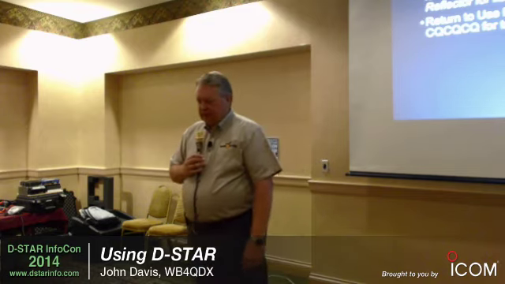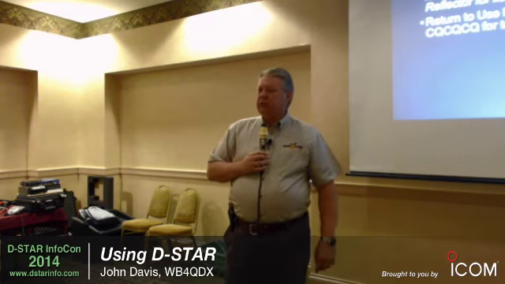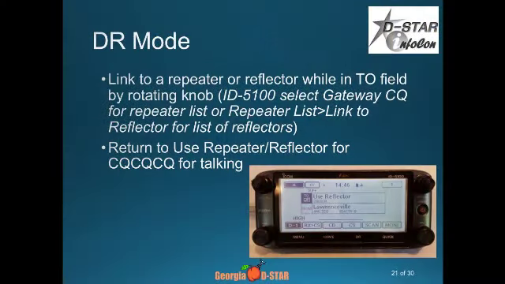If you go out to the website www.dstarinfo.com, you can go to the download section and you can update your list any way you would like. Remember the last bullet up here: return to use repeater or use reflector in DR mode to get back to that CQ, CQ, CQ.